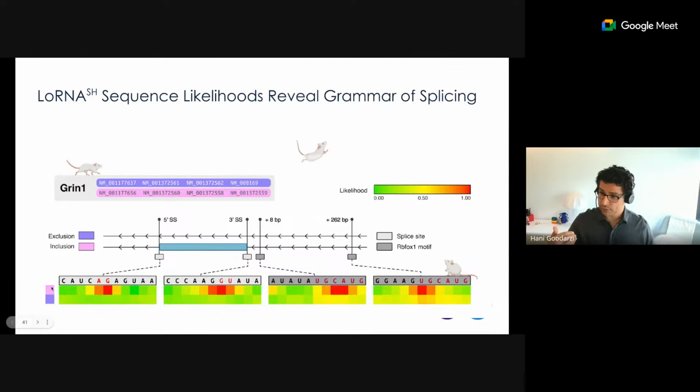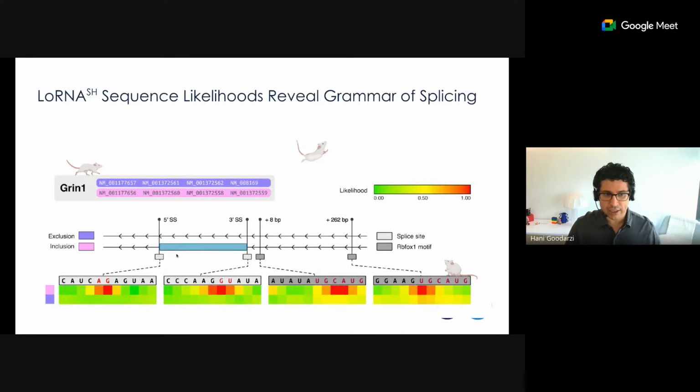Now we have two isoforms of structures. One where this exon is not included, so it's treated as an intron, which is down in the bottom, in purple. You see that when this is an intron, the model doesn't care at all. You make your changes, you mask all of these tokens, and nothing happens.